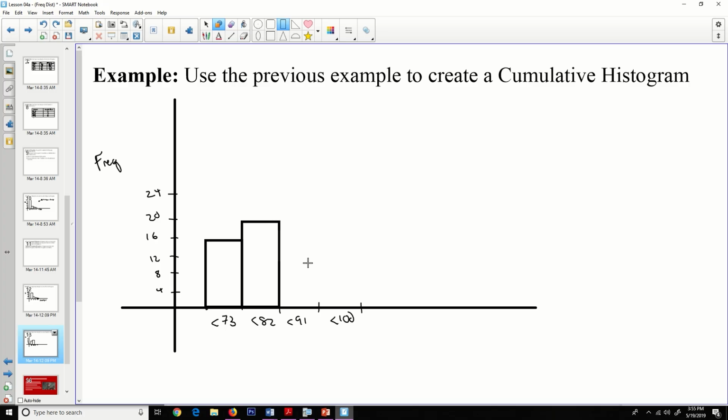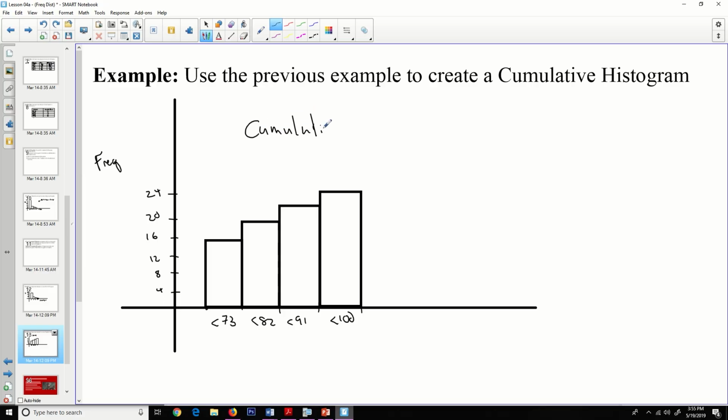And then the next one was 22, so about halfway between 20 and 24. And the last one was 24, so we will try and match it up as perfectly as possible. And so this is my cumulative frequency histogram.